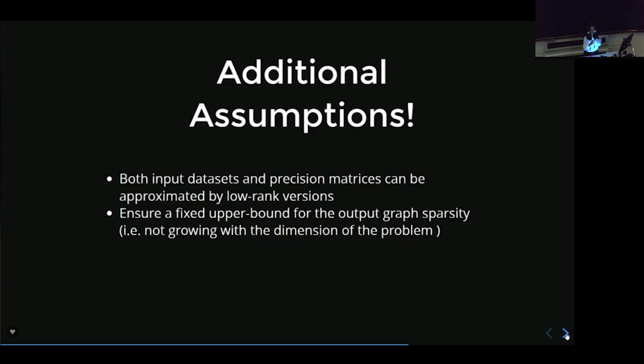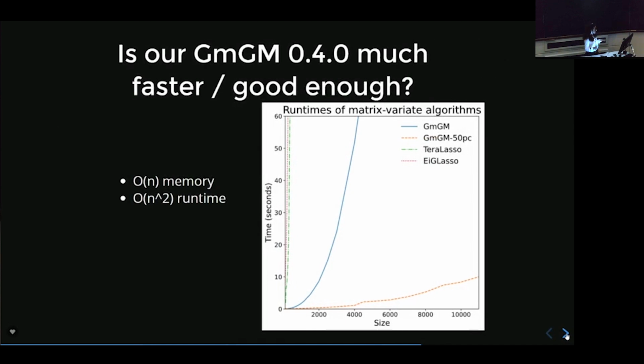If that is fixed, it will not depend on the dimension, and it will not grow linearly with n. In our faster, ongoing-work version of GMGM, we have a computational complexity of n squared and a space complexity of n.